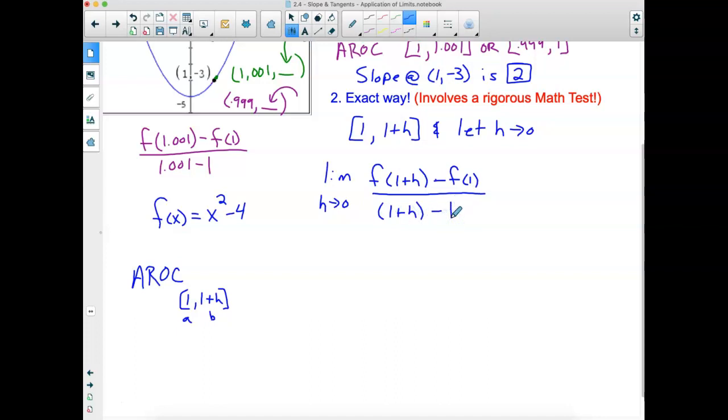Now, if you would have done this numerous times last year, you would have instantly identified, no matter what number my interval is here, if it's 2 or it's 3, whenever I add h to it, hopefully you're catching, that's going to go away. And what happens is we always end up having the limit as h approaches 0 of f of 1 plus h minus f of 1 in this case over h.